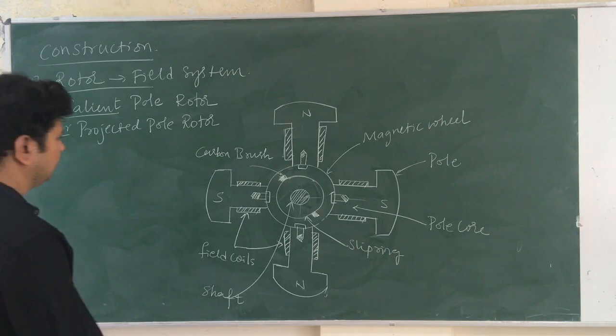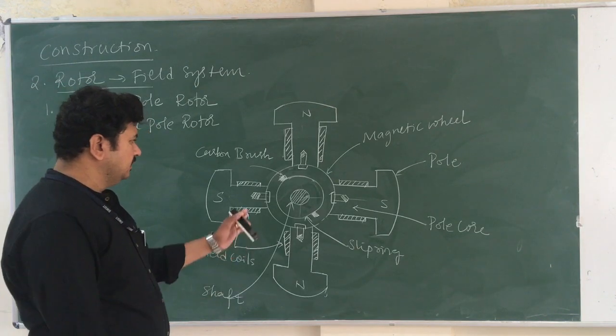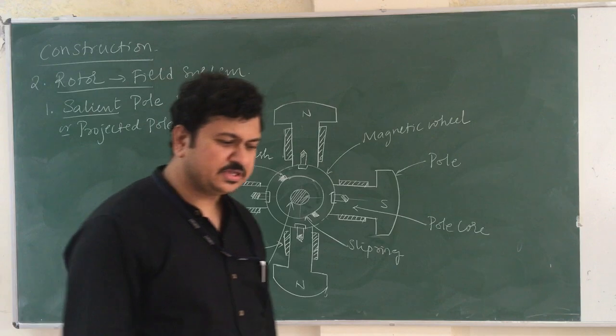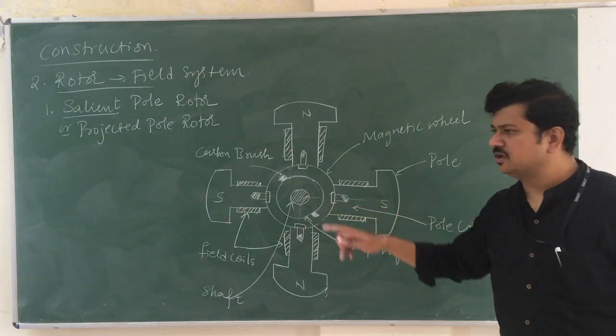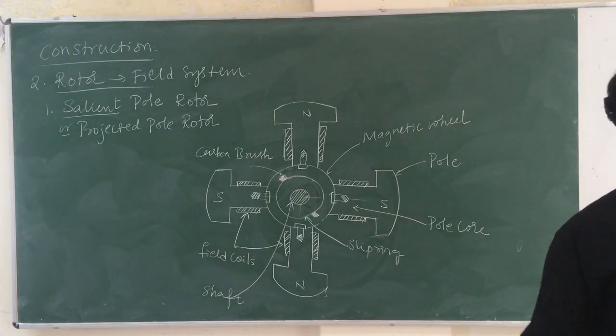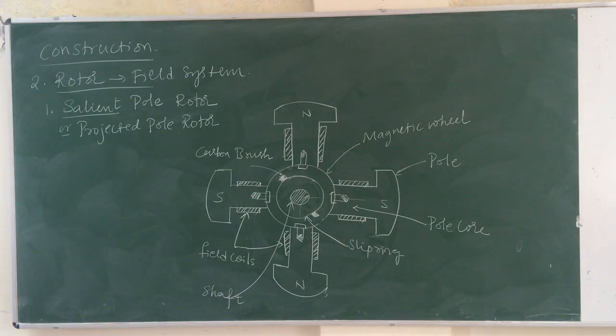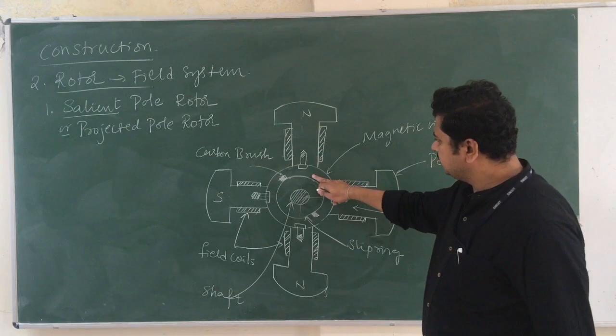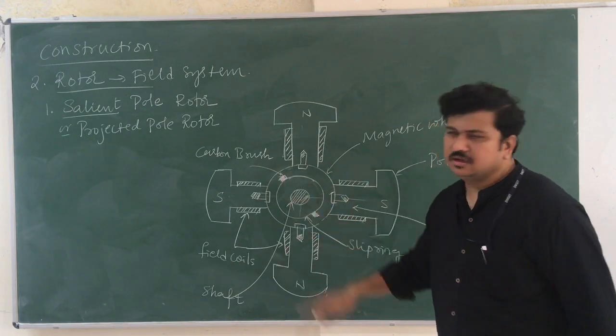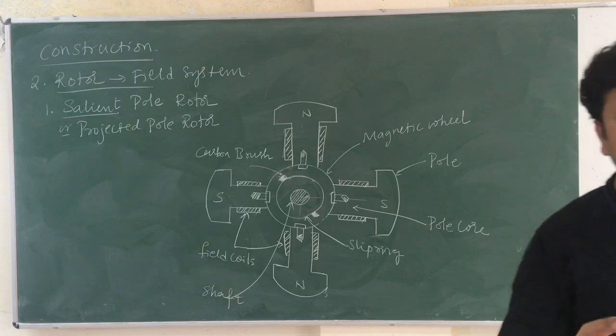So this type of rotor has salient poles fixed to a heavy magnetic wheel. That heavy magnetic wheel is again made up of silicon steel laminations only. And these projected poles are fixed using a fixation. The fixation can be of any type.